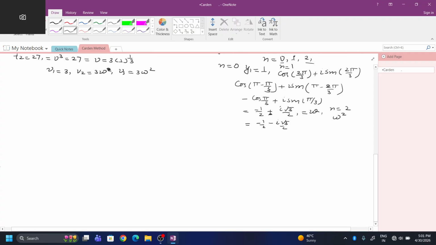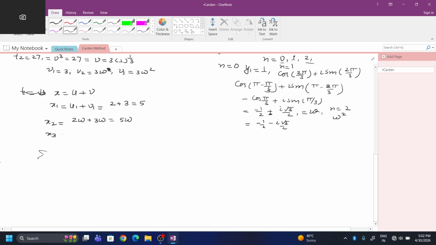But you know what our x is: x is u plus v. So x1 equals u1 plus v1, that is 2 plus 3, which gives 5. x2 equals 2 omega plus 3 omega, which gives 5 omega.